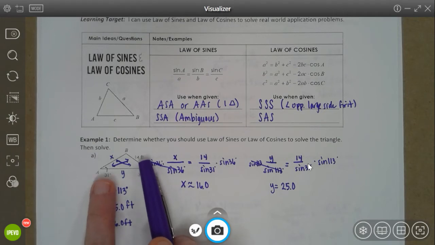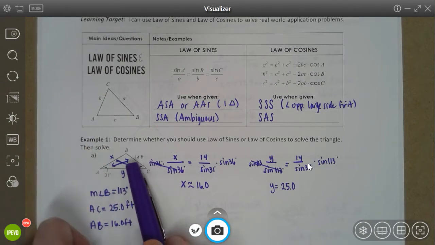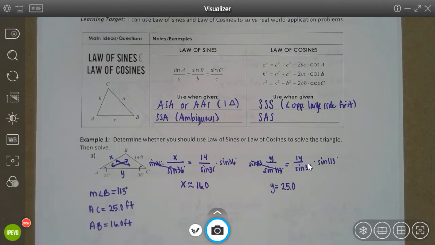If I see that angle opposite side pair, then I know I can use law of sines. In this case, angle A was 31 degrees and the side opposite was 14. We wanted to solve the triangle, so we wanted to find the other two sides and the missing angle B. So I jumped right in and used my law of sines to work this out.